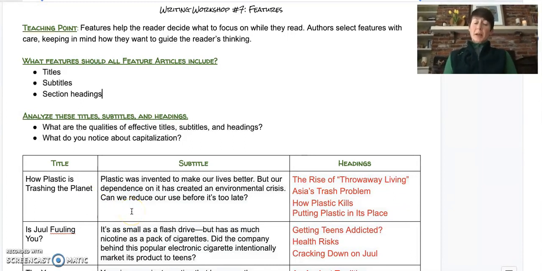Let's take a look at the subtitle of that article. "Plastic was invented to make our lives better, but our dependence on it has created an environmental crisis. Can we reduce our use before it's too late?" What do you notice about that subtitle that you might learn for writing your own subtitle?